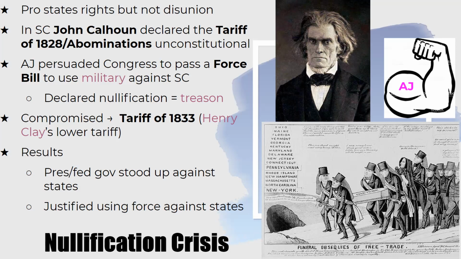So we're seeing that nullification as a potential solution when you don't like what the federal government does being used again, and it'll keep being used again in the next unit because it looked like it worked. Like the South threw a tantrum and got something that it wanted because of the threat of nullification. But then we're also seeing the precedent that the federal government, the president, was going to use force against the states if they were being disobedient.